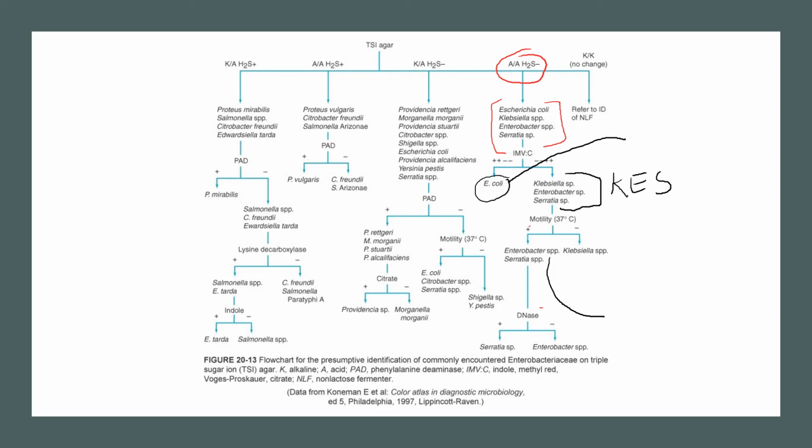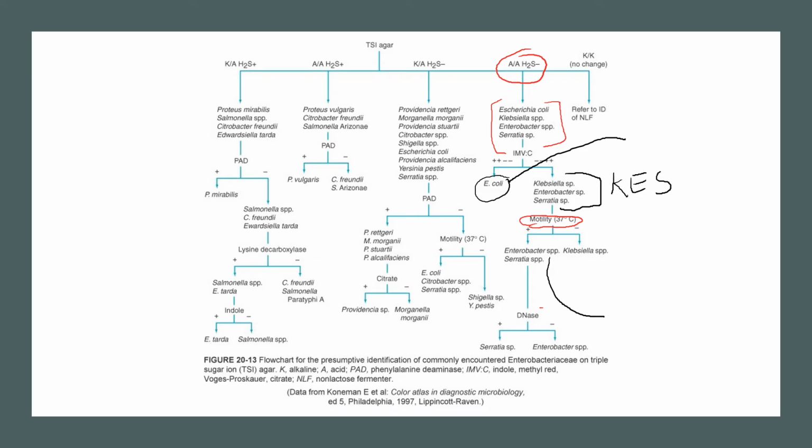KES will have negative indole and positive citrate. So if you have a negative indole and positive citrate, you have to deal with KES, Klebsiella, Enterobacter, Serratia. Now the next thing to test for is motility.